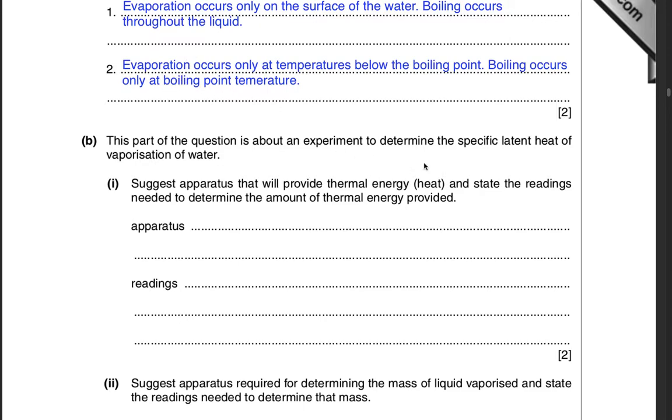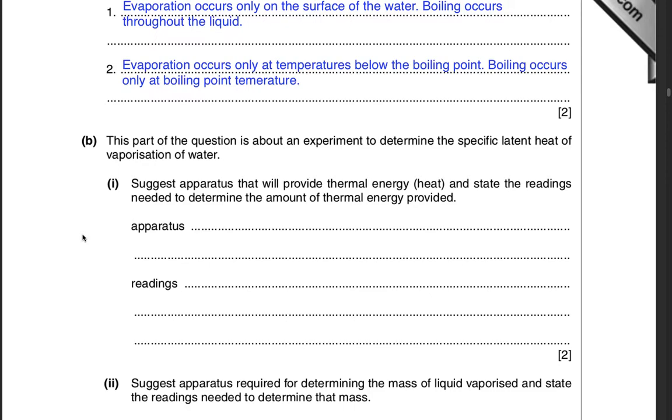They want the specific latent heat of vaporization. So what do they do? Should they vaporize the water? How to check the energy provided?